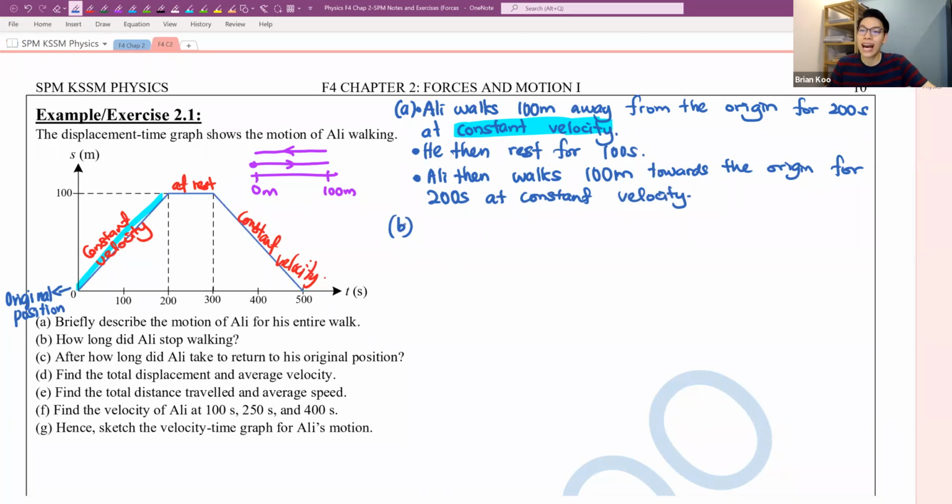Part B, how long did Ali stop walking? Okay, this first question, because it's the first question, so it's supposed to be easier a bit. He stopped walking for 100 seconds. Okay, he stopped here for 100 seconds. That is this part, he stopped here.